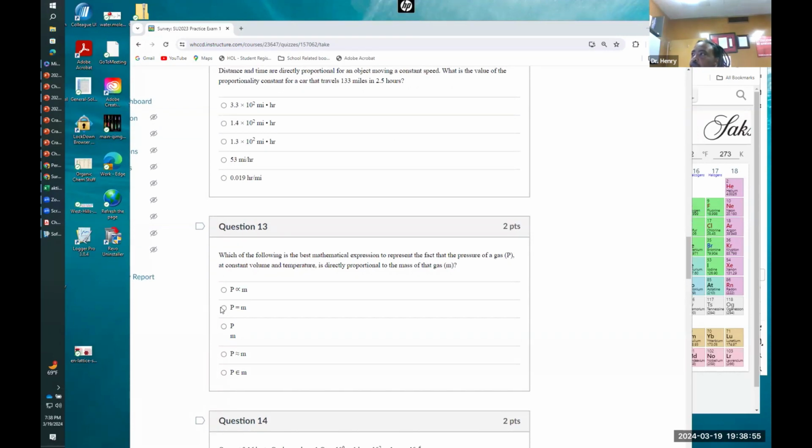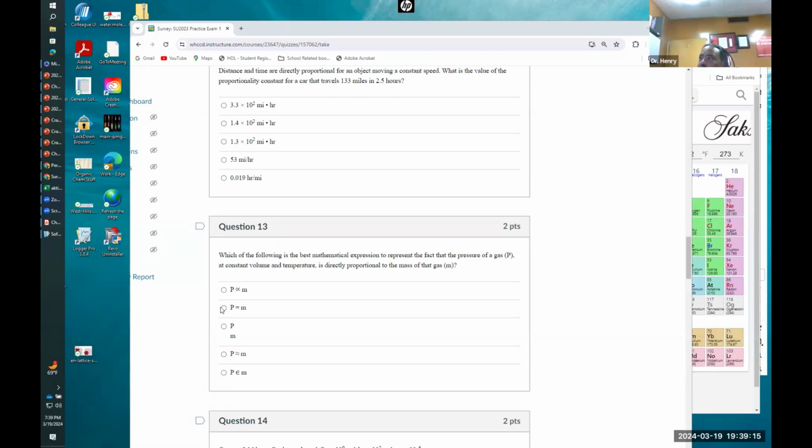Distance and time are directly proportional for an object moving at a constant speed. What is the value of the proportionality constant for a car that travels 133 miles in 2.5 hours? Okay.